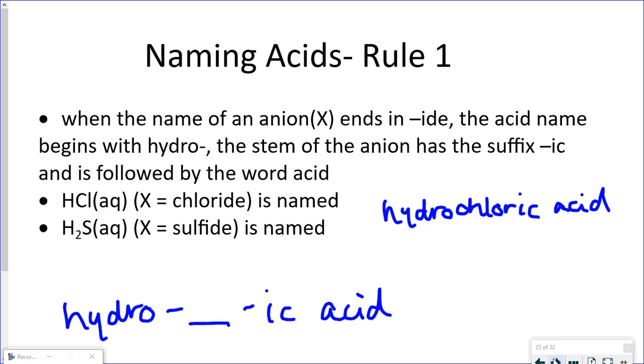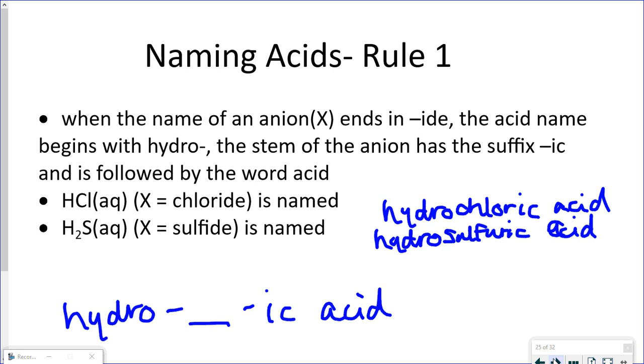Looking at the next one, H2S. S is sulfide with that IDE ending. So this will have the prefix of hydro. It'll have the sulfur, and then the ic, followed by the word acid. So hydrosulfuric acid.